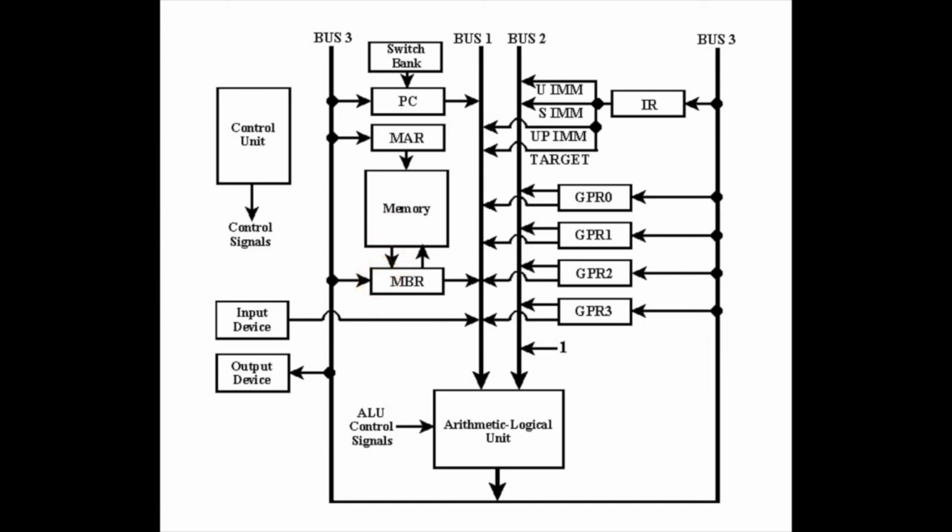But at this time, we would like to increment our program counter because if you notice, our ALU is not being used. So at the same time, we're going to leave our program counter onto bus 1. We're going to take this number 1 and put it onto bus 1 as well. And then we're going to turn on add on our ALU.